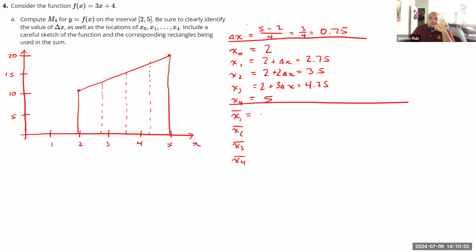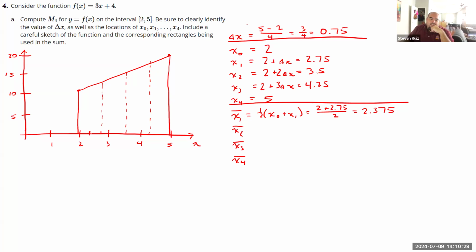So where is x1 bar? x1 bar is going to be the midpoint of x0 and x1. So 2 plus 2.75 over 2. That's 4.75 over 2, or 2.375.